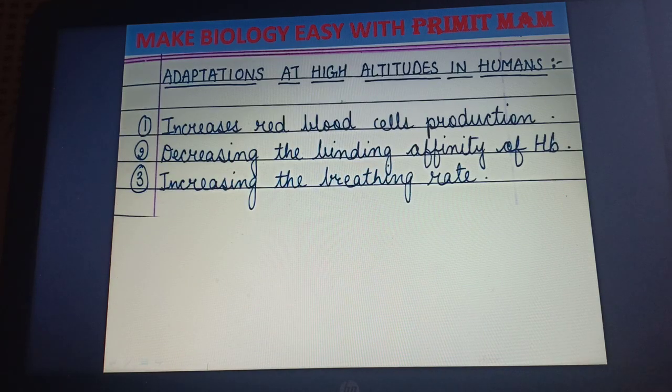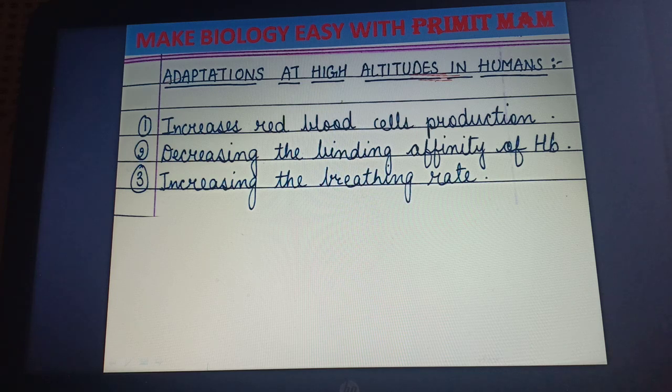Now the next adaptation is adaptation at high altitudes in human beings. At high altitude places like Rohtang Pass near Manali and Mansarovar in China, people suffer from altitude sickness.